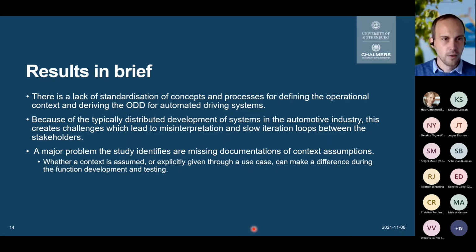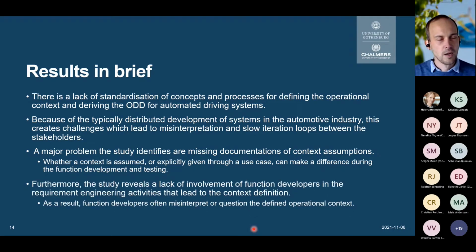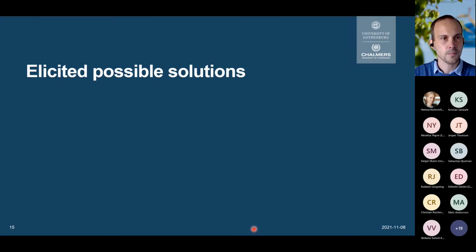Whether a context is assumed or explicitly given through a use case can make a huge difference during the function development and testing. Furthermore, the study reveals a lack of involvement of function developers in the requirements engineering activities that lead to the context definition. And as a result, function developers often misinterpret or question the defined operational context.